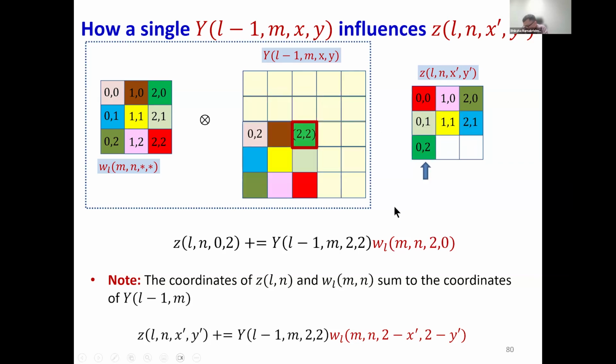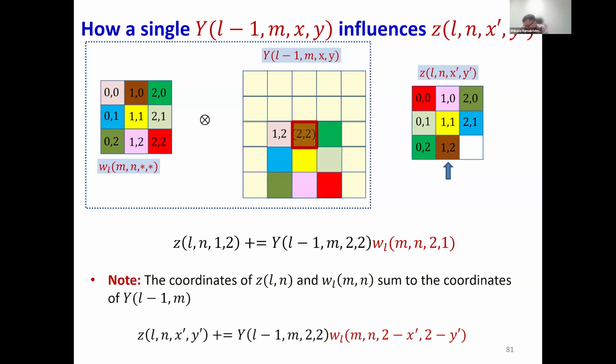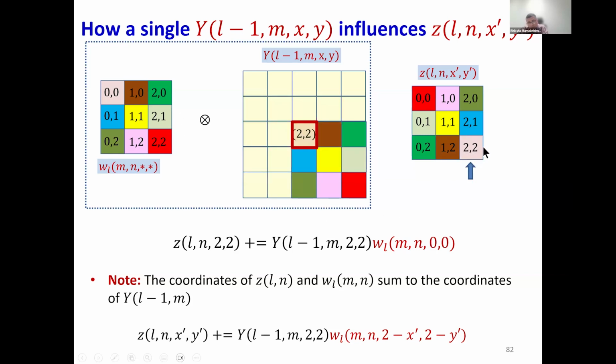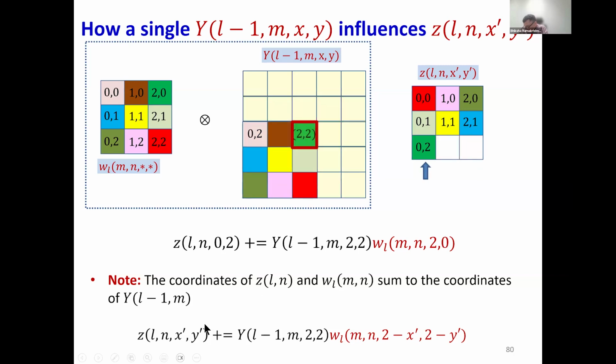And so you can see how this works out. At each point, Y22 is multiplying a different element of the filter to contribute to a different element of Z. So what does its relationship look like? If you go through all of these equations that I showed over here, you're going to find in general that to compute the Z value at any x prime, y prime, Y22 is multiplying W of 2 minus x prime, 2 minus y prime.